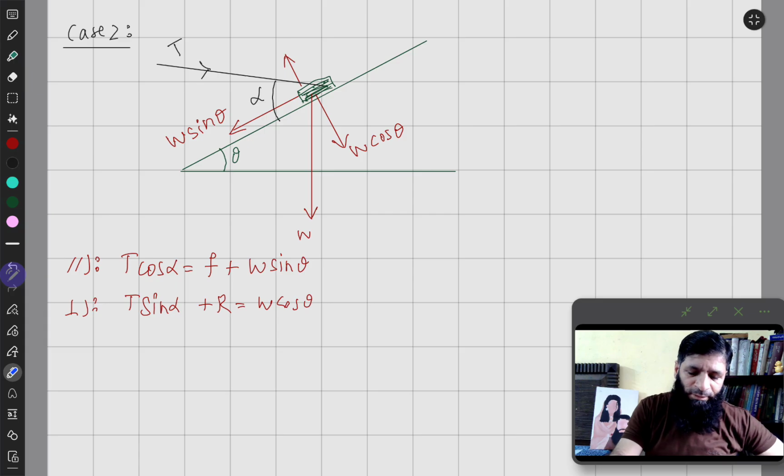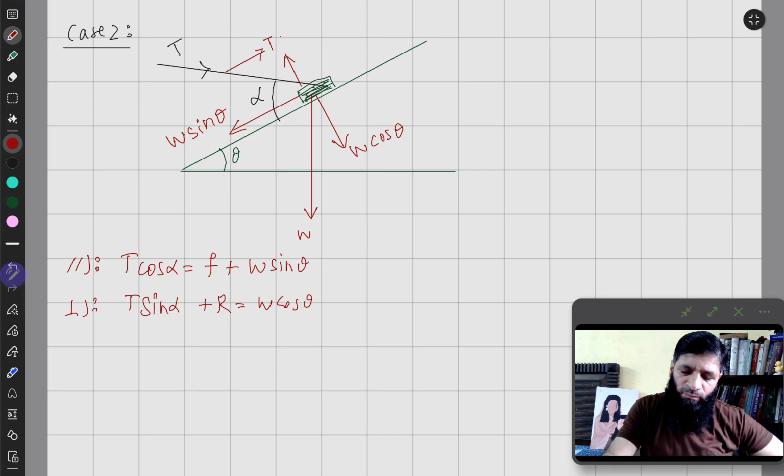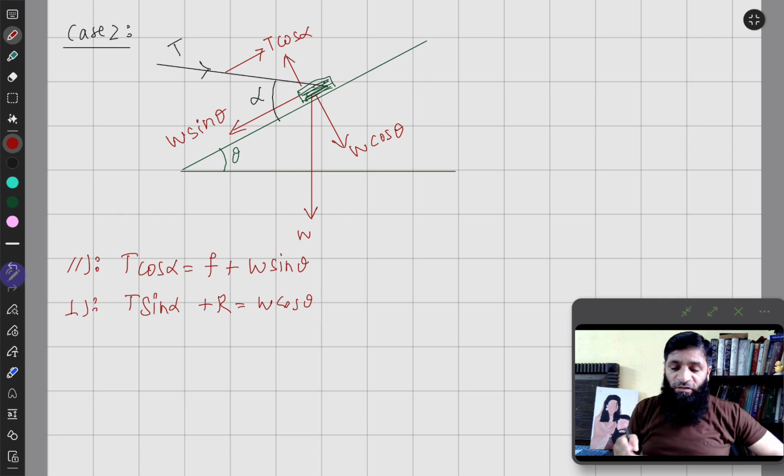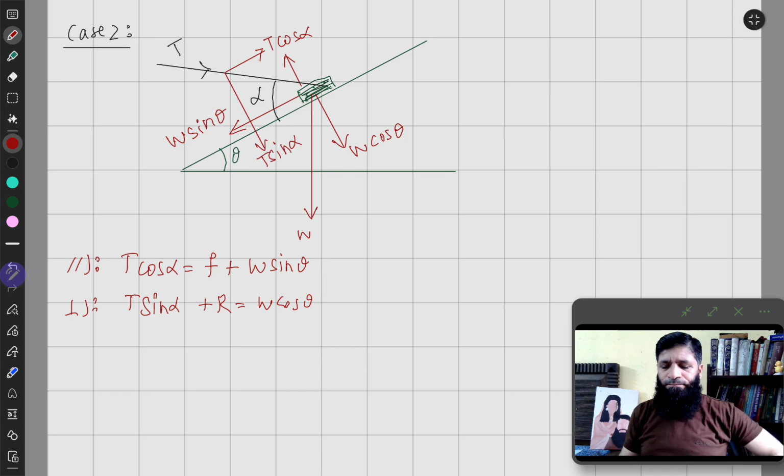So the only difference between the previous case and this case is the vertical component of the external force. The horizontal component of this external force will be T cos alpha, but as the external force is acting downward, the vertical component will be downward. This will be T sine alpha.